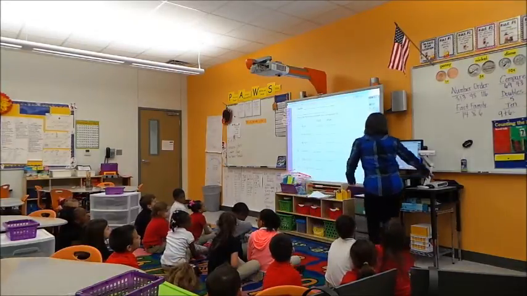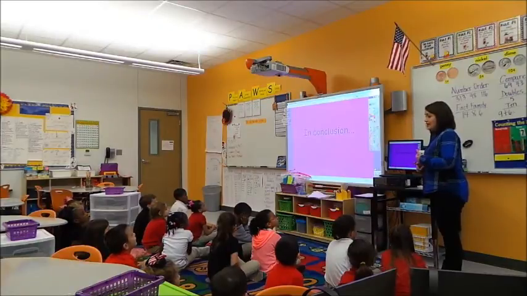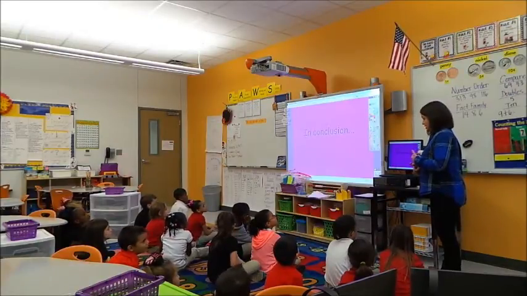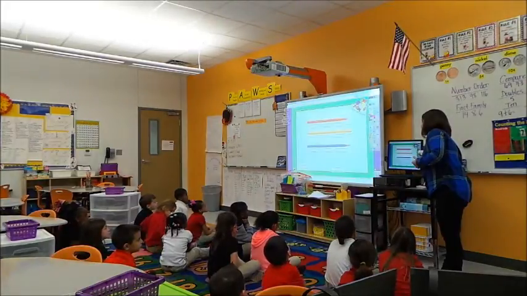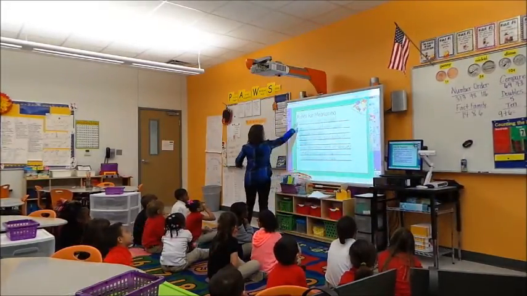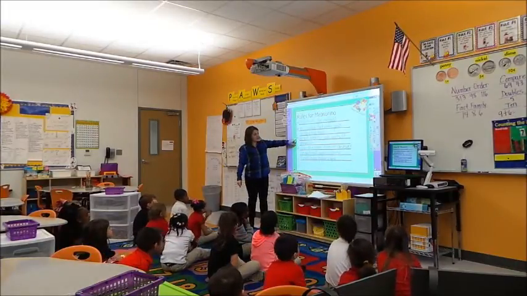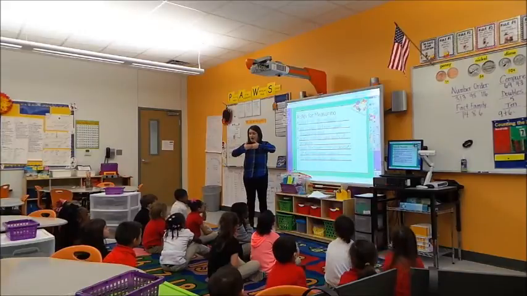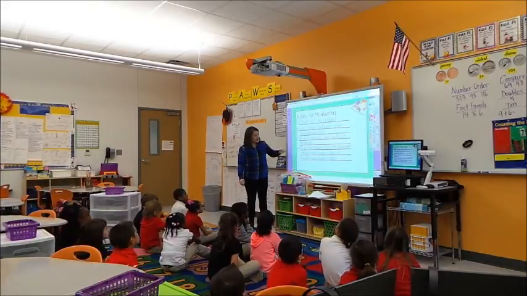Y'all did a good job. So, in conclusion, we added on to what we already knew, didn't we? Let's go back to our rules that we made together. We had to start at the end point, leave no spaces, and do not overlap. Okay?